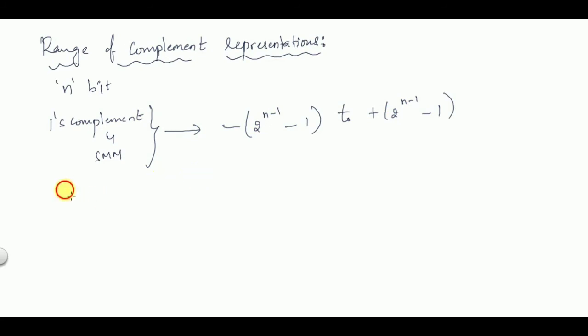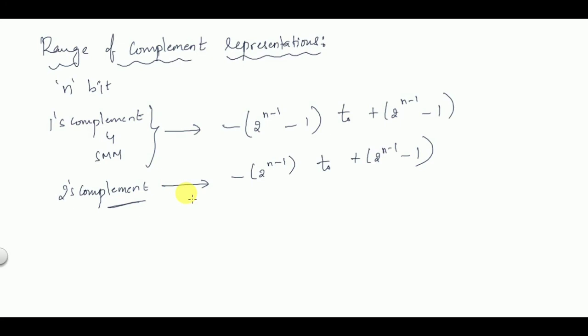Similarly, for 2's complement representation, the range for n bit is minus 2 power n minus 1 to plus 2 power n minus 1 minus 1. So this is the range of representation of the complement numbers, that is both 1's complement and 2's complement numbers.